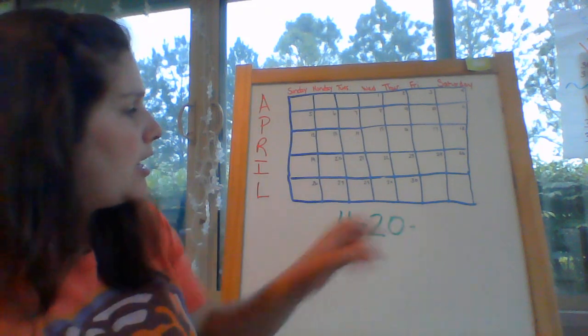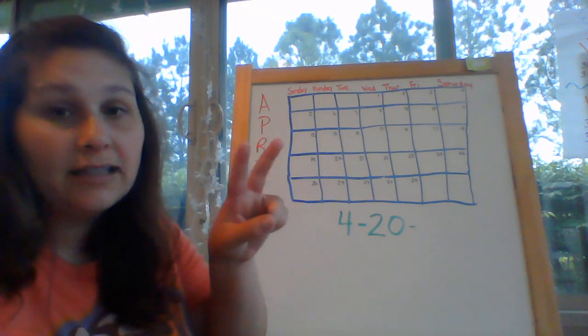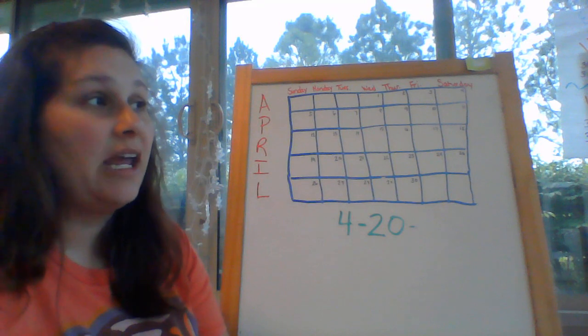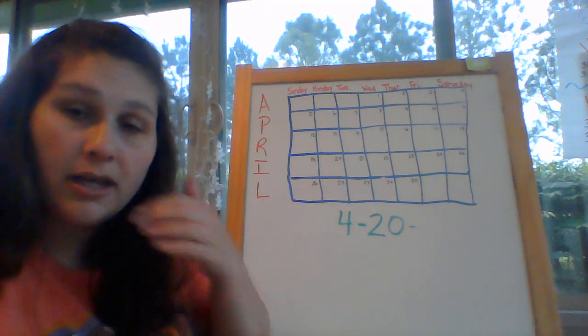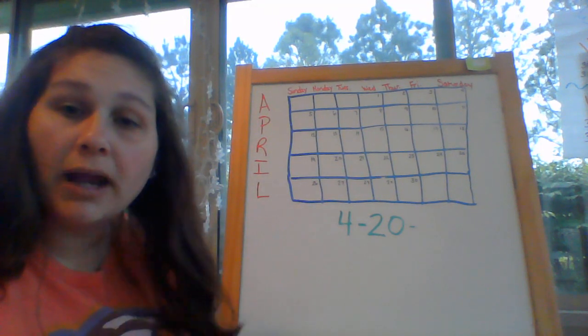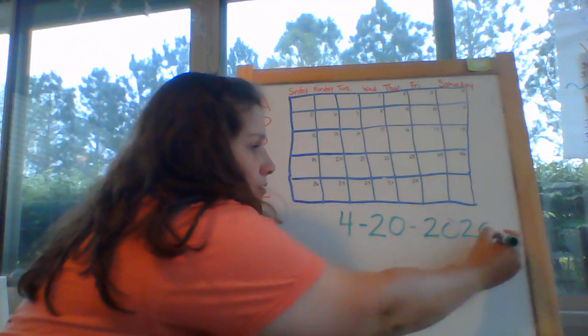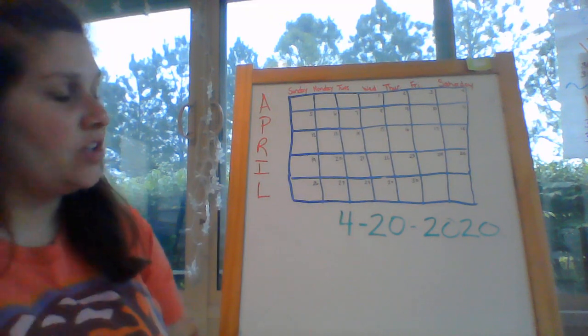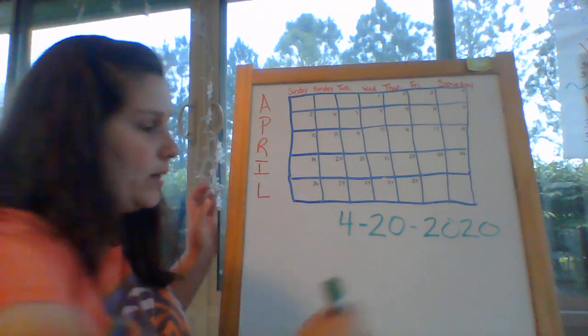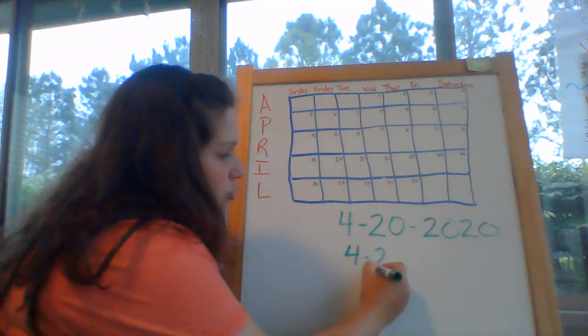So a lot of the times we just abbreviate with the last two digits of the year, but they are really encouraging that people in the year of 2020 write the whole year. 2020. Okay? So 4-2020. 4-20-20.